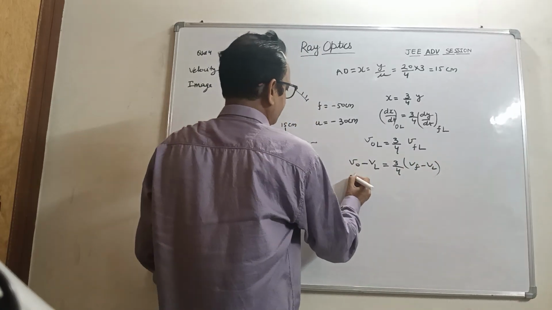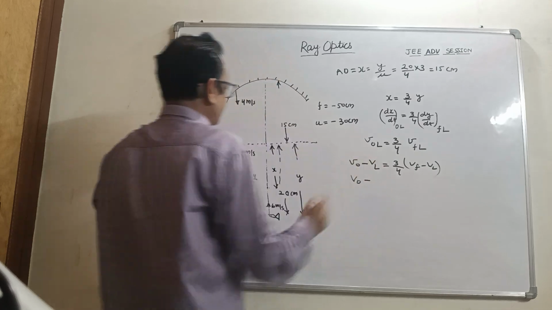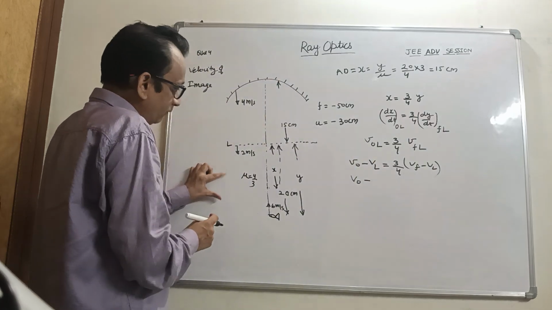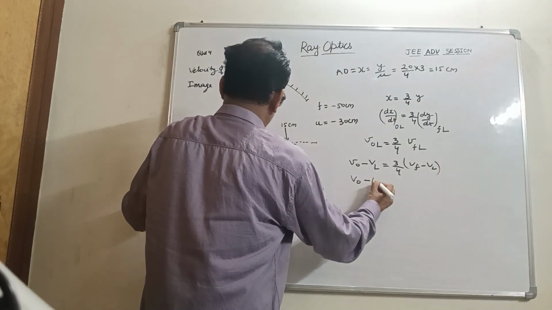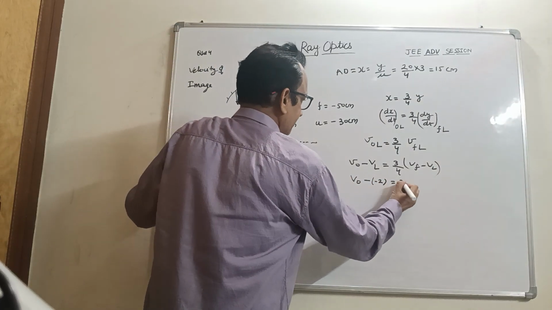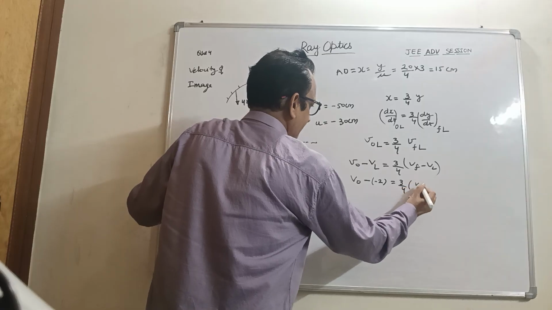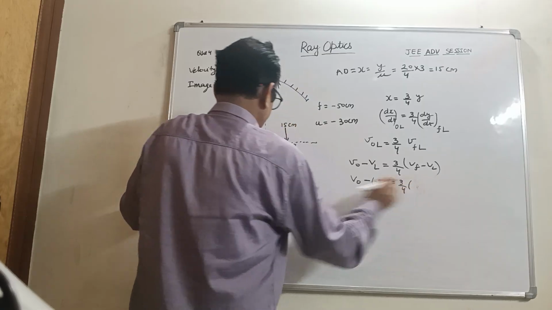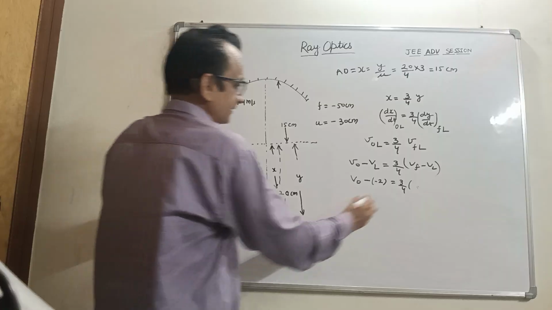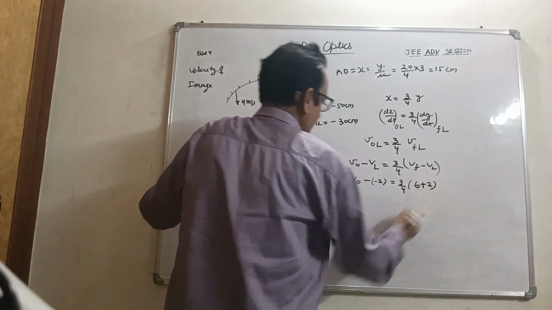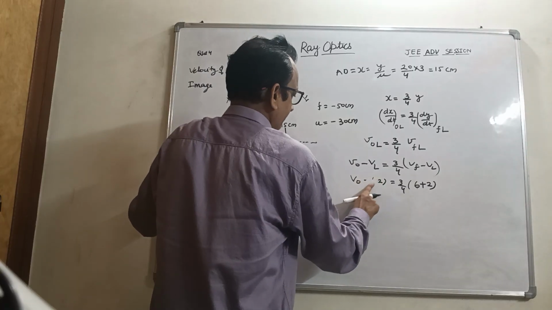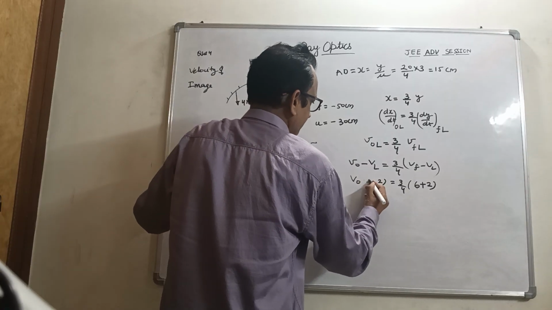This is downward direction, so this would be negative. Negative, negative, this would be positive. 3 by 4 VF, this is given, this is 6 upward direction, so this is positive, plus 4, 2, and this would be minus minus plus.